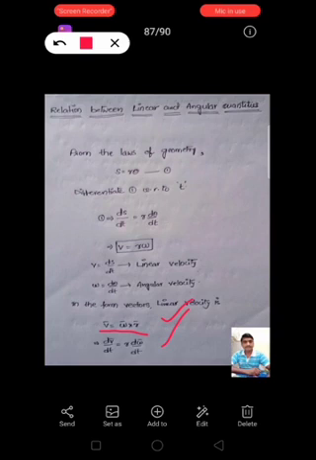Differentiate it with reference to time once again, then we will get dv by dt is equal to r d omega by dt. dv by dt is acceleration, linear acceleration, or we call it as transverse acceleration, and d omega by dt is angular acceleration, we call it as alpha.